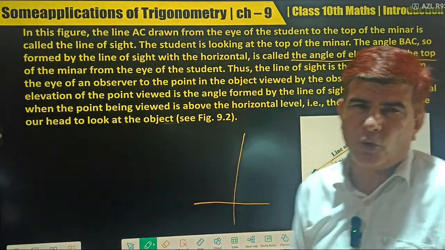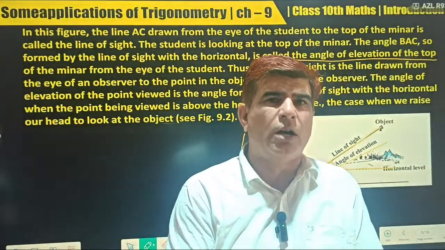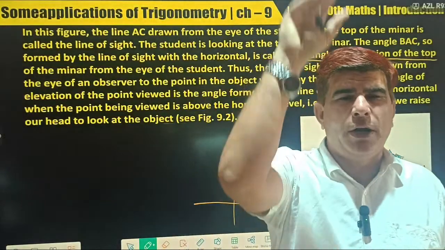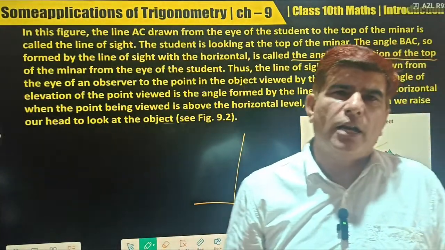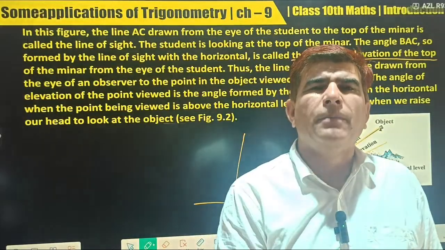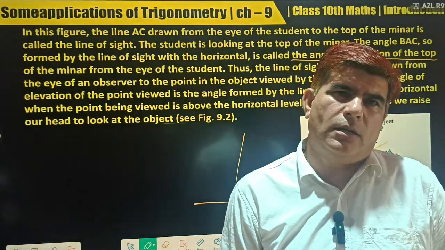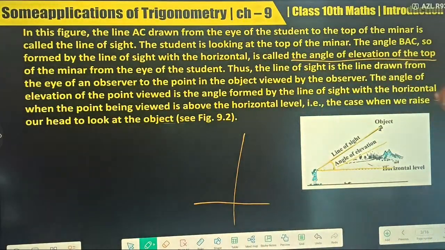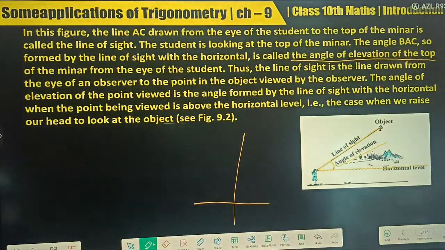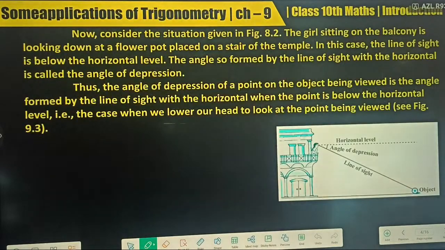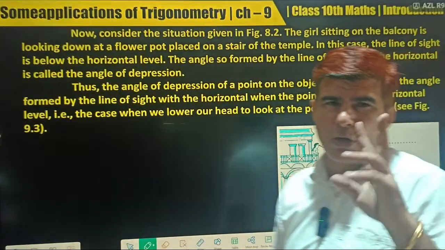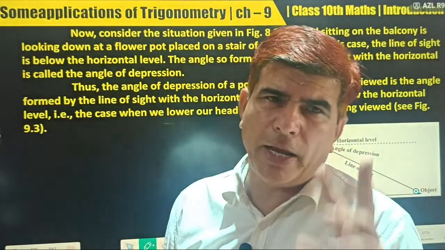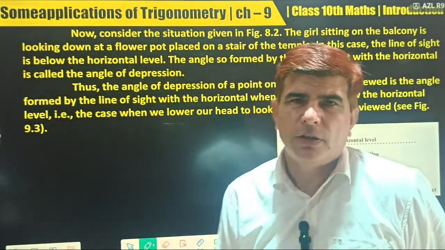If someone is standing on the ground and looking at the top of an object, then the angle formed by the horizontal line and the line of sight is the angle of elevation. Understood? Now, only two types of angle are formed here: angle of elevation and angle of depression.